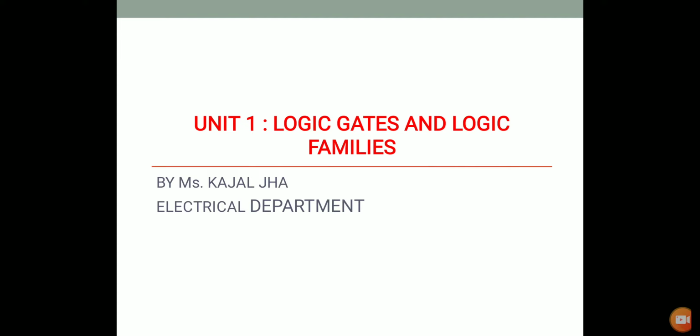Some laws are provided in Boolean algebra, and using those laws we will simplify Boolean expressions. Other theorems are also present here, and we will discuss those theorems. So let's start.